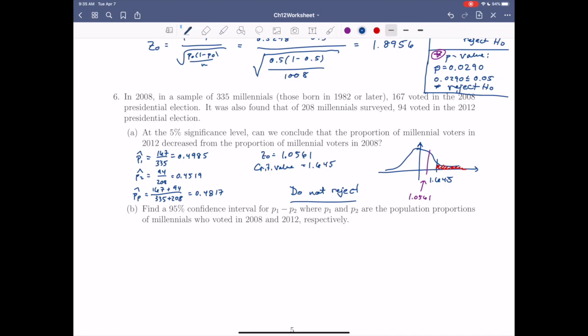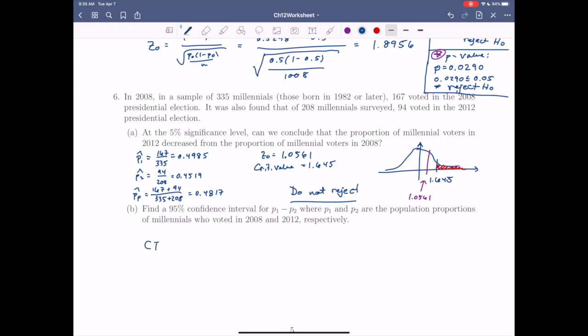for P1 minus P2, where P1 and P2 are the population proportions. You can do one-sided confidence intervals, but we've never talked about it. For us in our class, all confidence intervals are two-sided. And so we're just going to follow the formula.